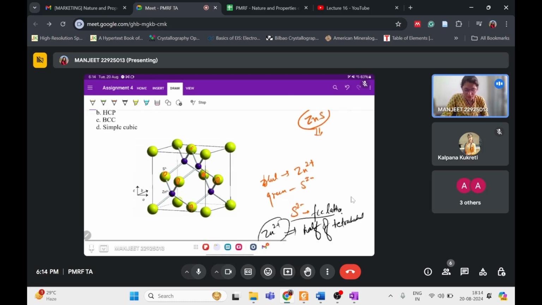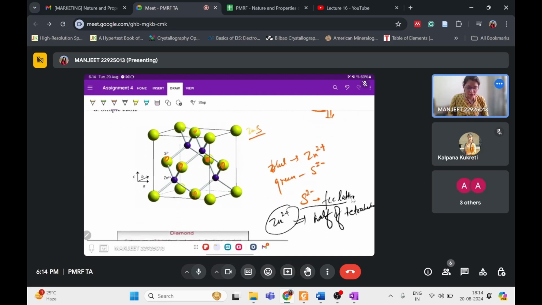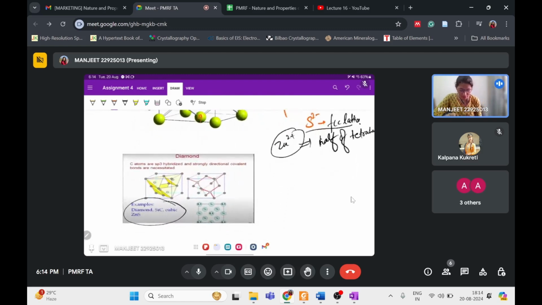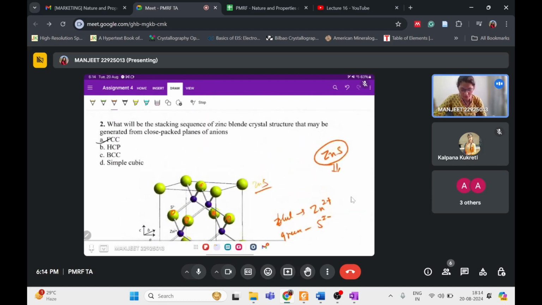You can see from this structure, this is zinc sulfide, with the sulfide ions occupying the FCC lattice and Zn2+ occupying half of the tetrahedral sites, that is 4 out of 8. It has the same crystal structure as diamond and silicon carbide. So the FCC stacking sequence will be followed for the zinc blende crystal structure.